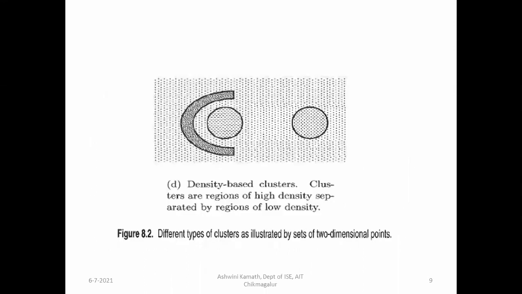In the density based cluster, you can notice that it is similar to 8.2c, but in 8.2c we had the connection between two globular or circular clusters, and here it is not there, it is faded into noise. So here clusters are surrounded with low density data, and the noise is merged with the low density data. Okay, I hope you understood this one.